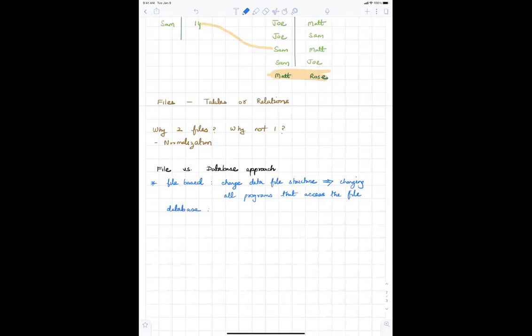In a database, you kind of separate the two. So you're decoupling.